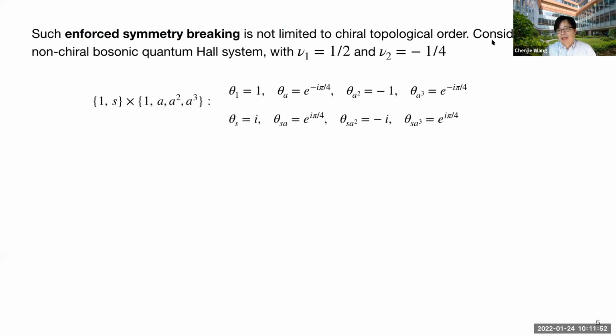For example, let me construct an artificial example: a two-layer non-chiral bosonic quantum Hall system with filling factors 1/2 and minus 1/4. It is bosonic because the bosonic quantum Hall system is simpler, so I choose it as an example.